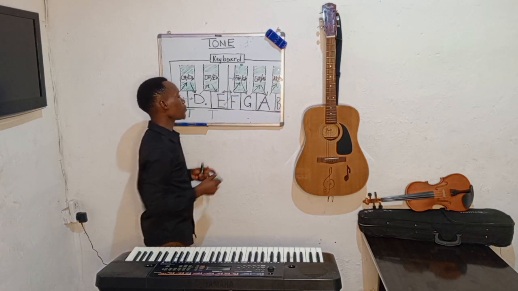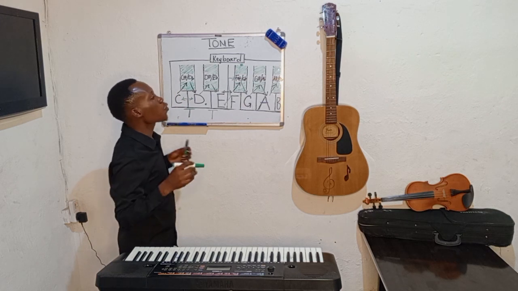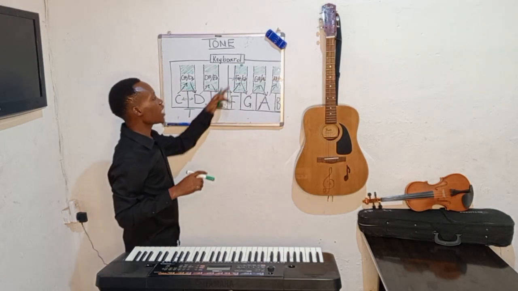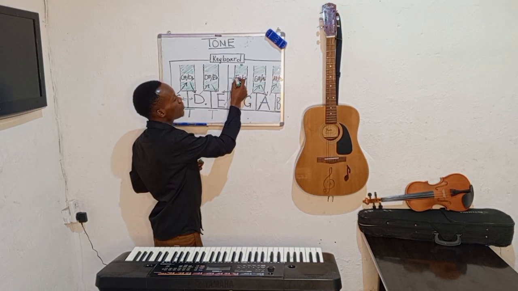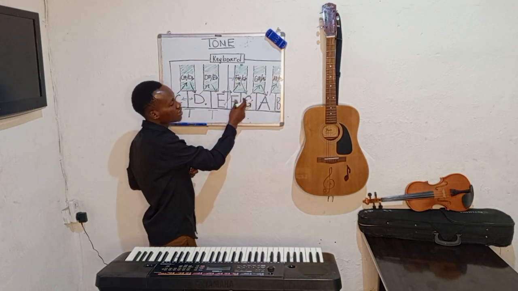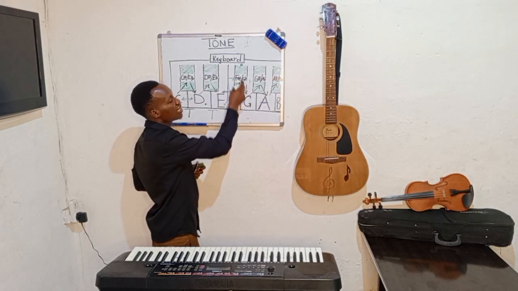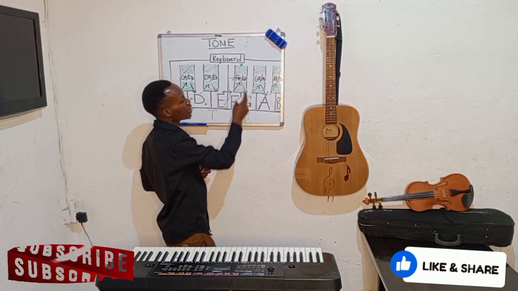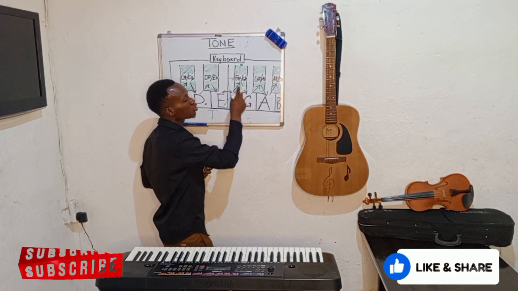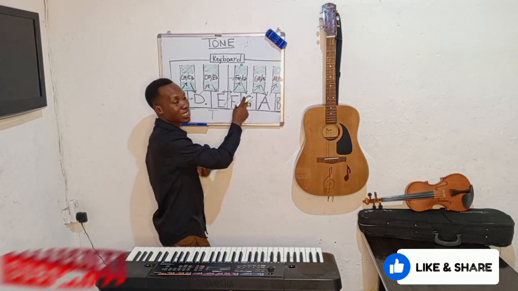Now from F sharp, if you want to play a tone, remember from any black key down to the nearest white key is a semitone. So from F sharp to G is one semitone. To form a tone, you need another semitone.